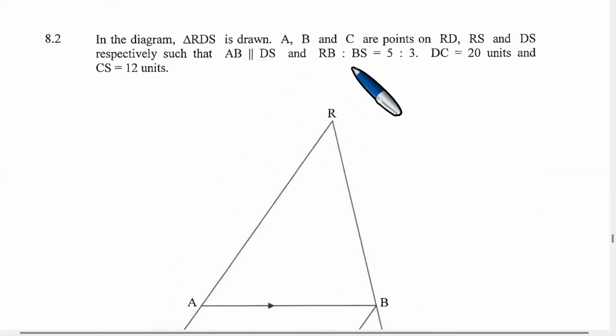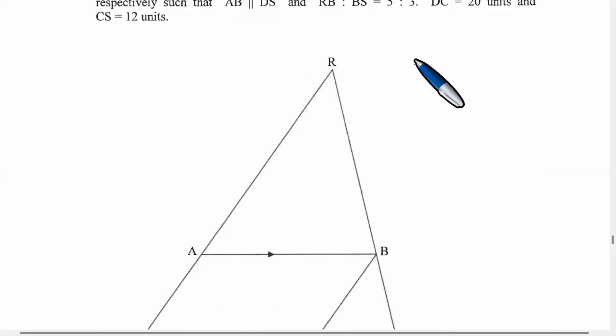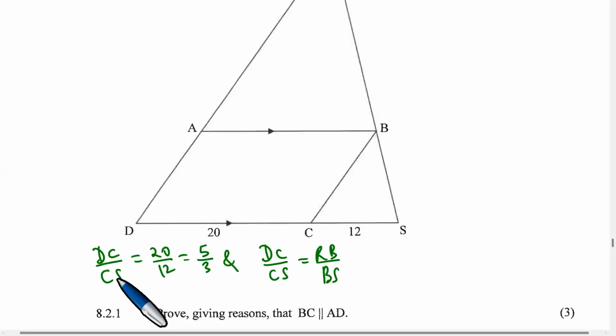Because the ratio of RB to BS is 5:3, and the ratio of DC to CS is 5:3. So these ratios are equal because they're both 5:3.